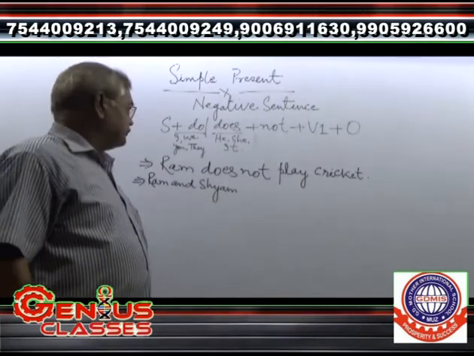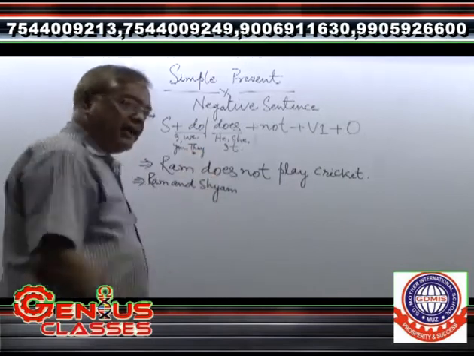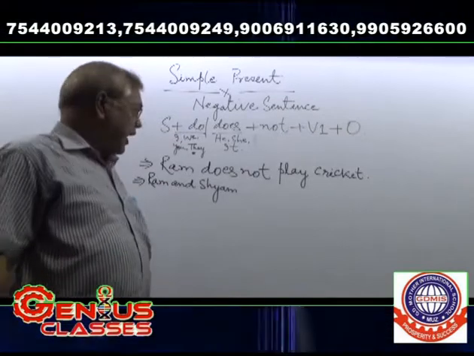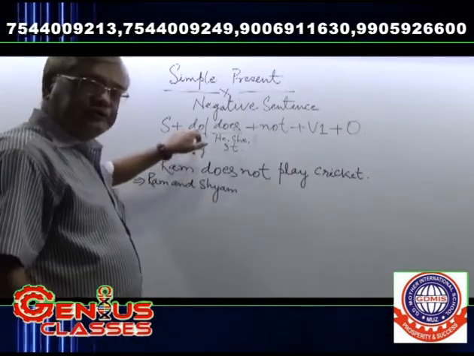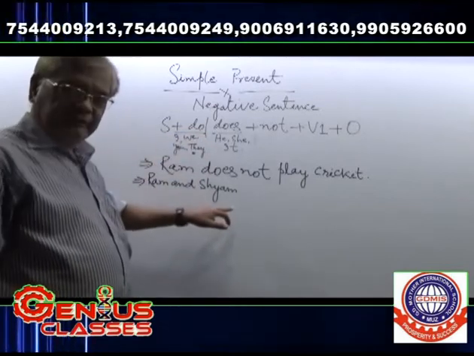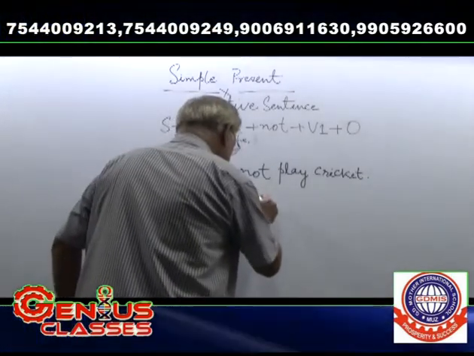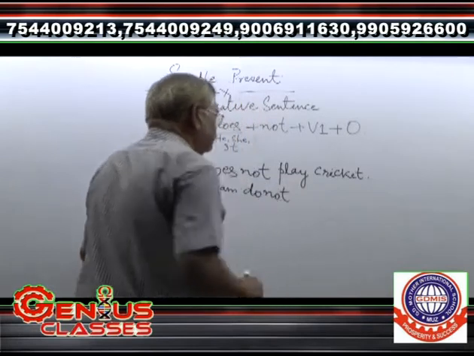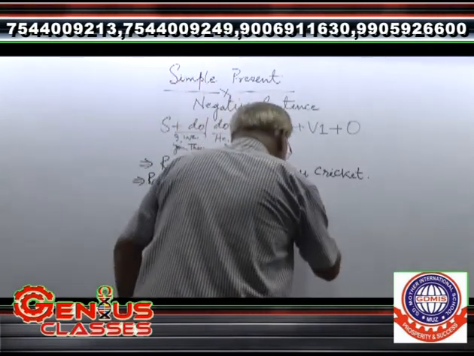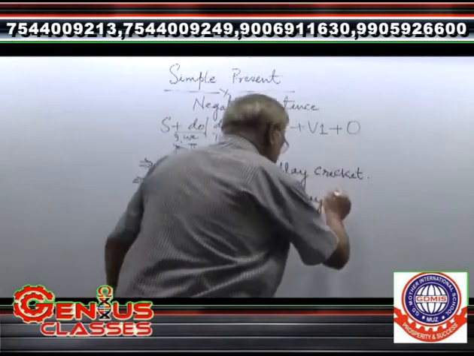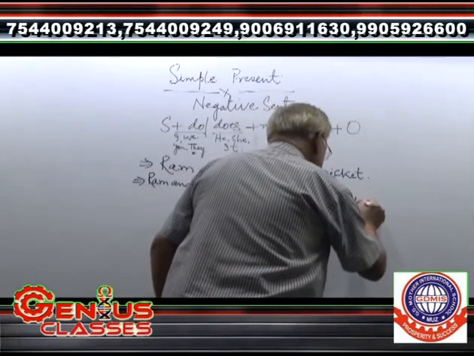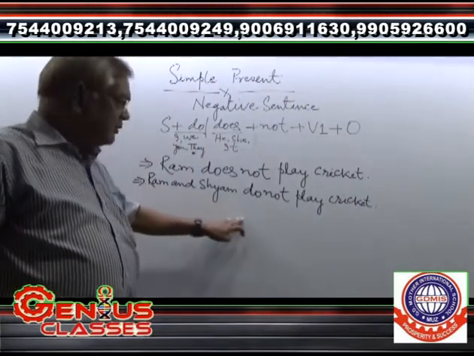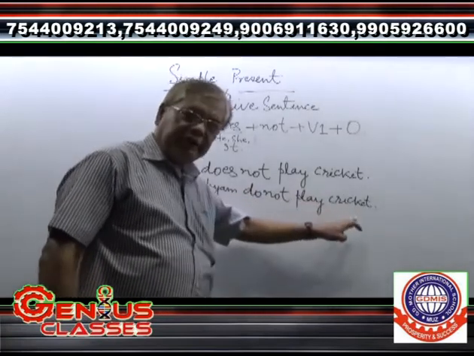For Ram and Shyam we may consider they as the pronoun, and for they, do is used as the helping verb. So here also we will apply do, thereafter not, then the verb and the object. So the sentence is: Ram and Shyam do not play cricket.